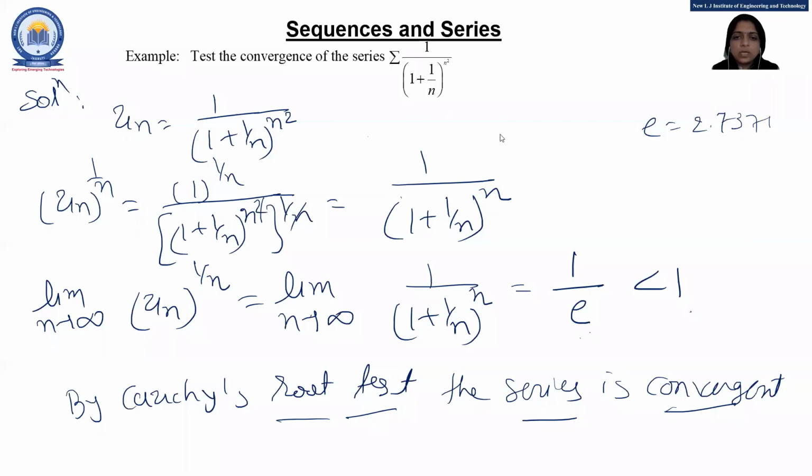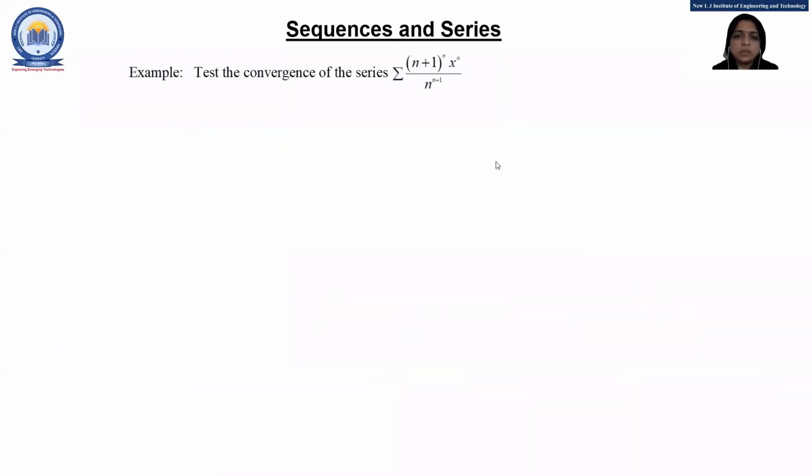Okay, so let's move on with one more interesting example. This is a tricky example. See here, (n plus 1) raised to n, x raised to n, upon n raised to (n plus 1).